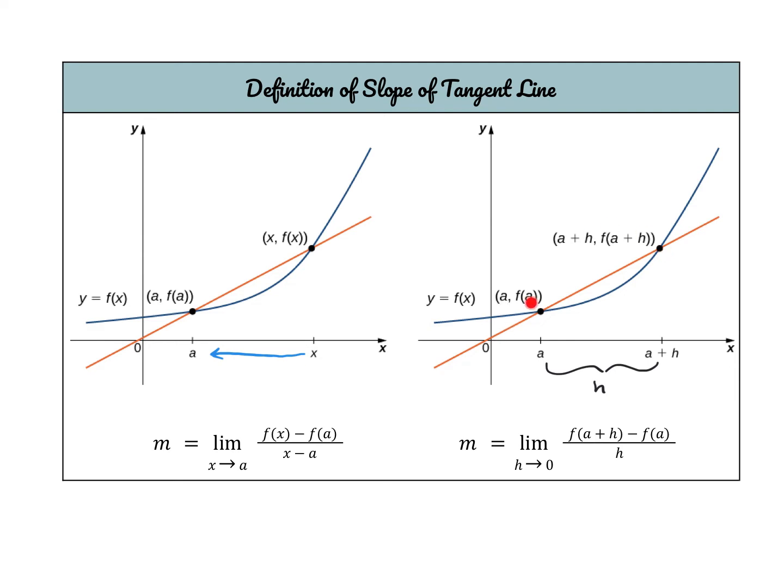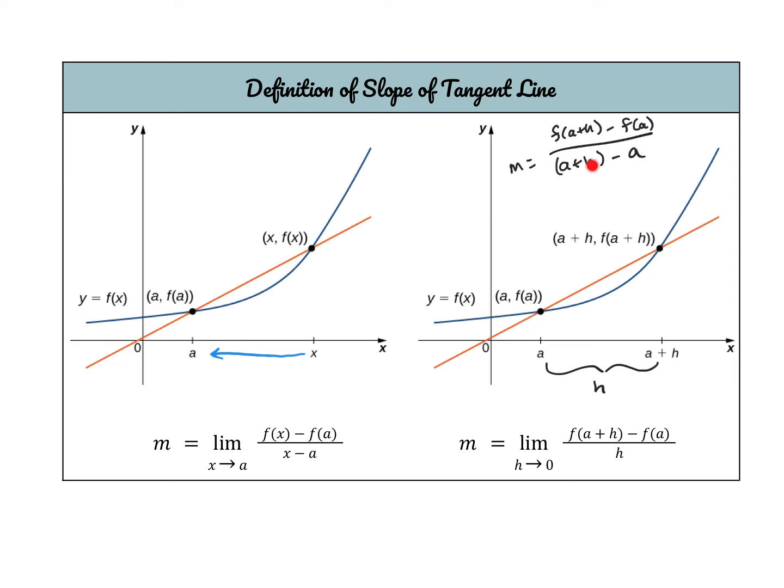So we have a, f of a, and then we have this coordinate, which would be a plus h, and f of a plus h. So again, if we wanted to find the slope between those 2 points, we would just do the rise over run. So we do f of a plus h minus f of a over a plus h minus a.